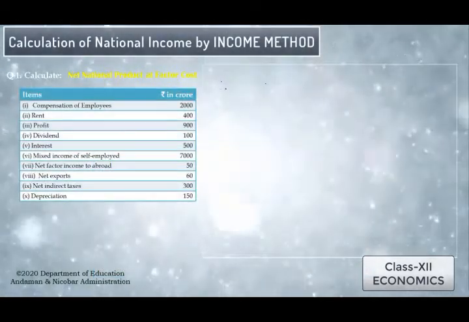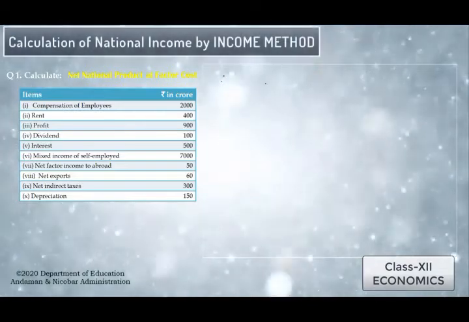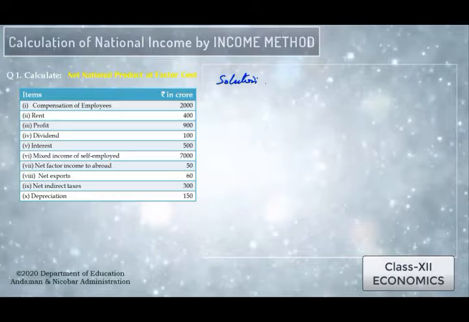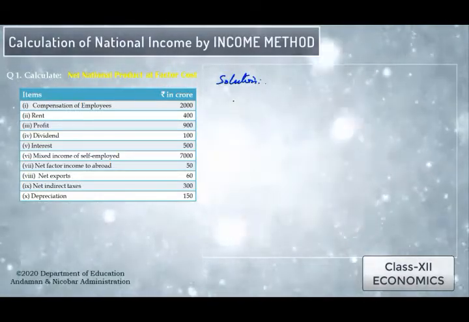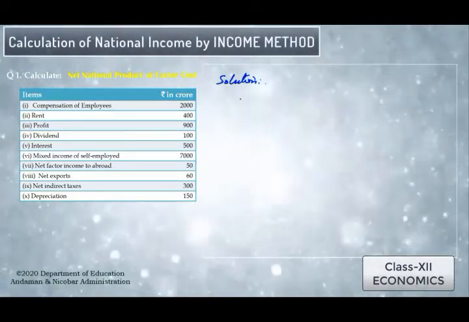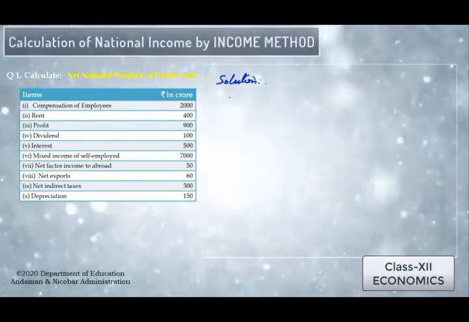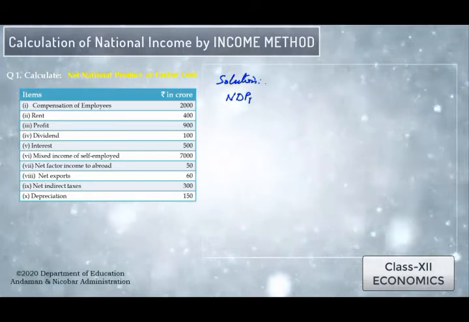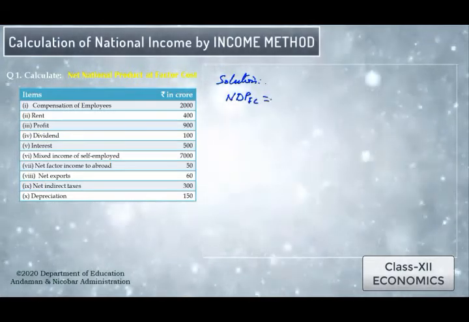Okay students, now we'll start finding the solution for the question. You have seen how we can get the value of national income. Before getting the national income through the income method, we will get the base value as NDP at factor cost with the formula.